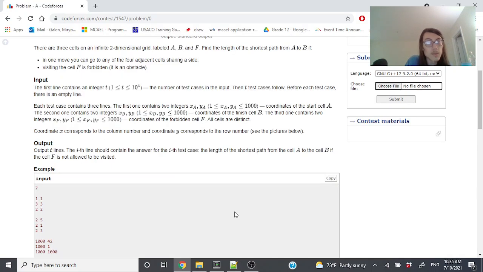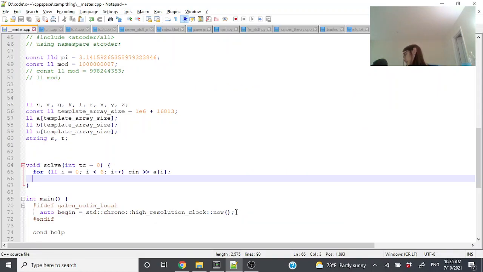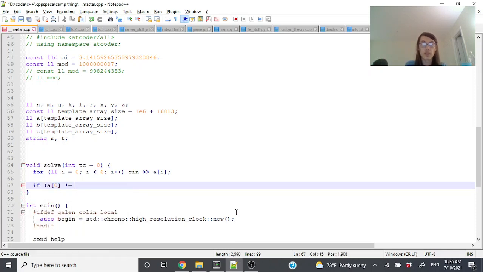Okay, so only if a0 is not equal to a2, a1 is not equal to a3.